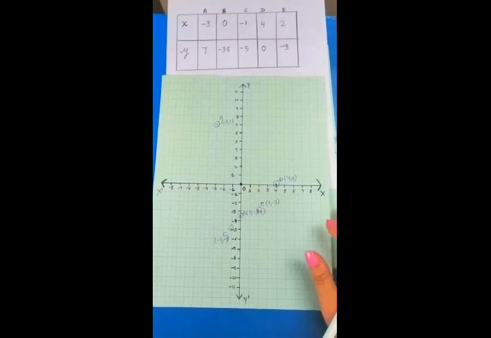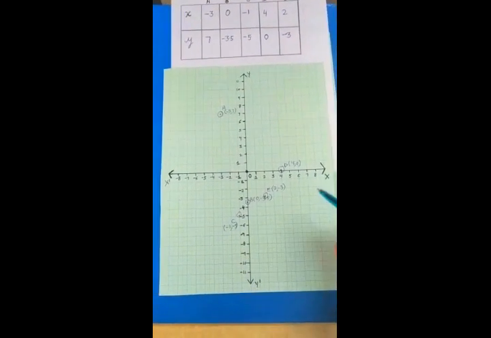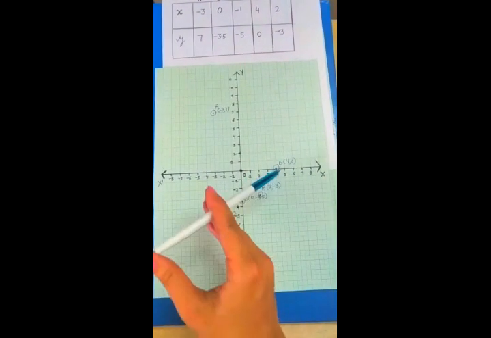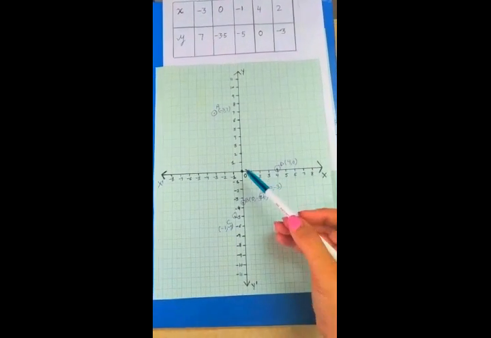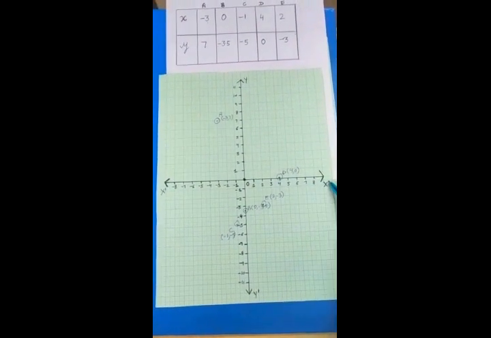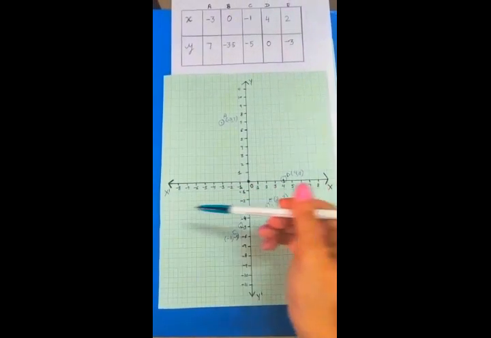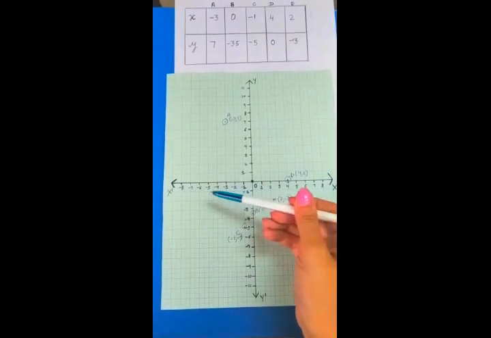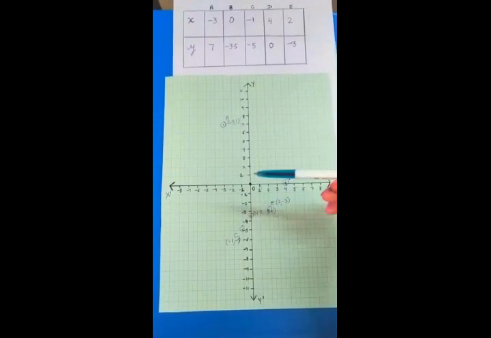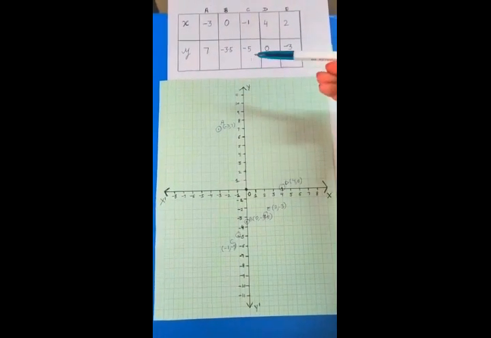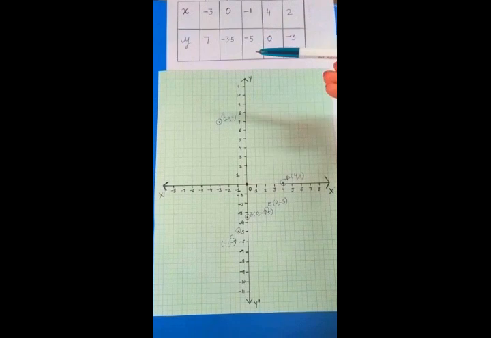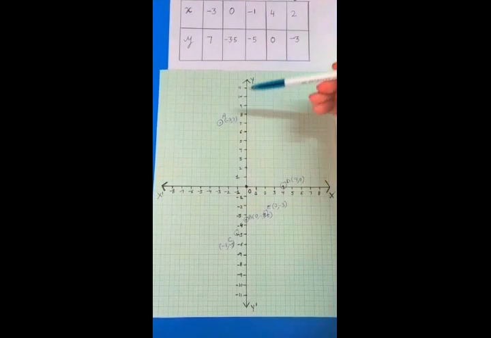One thing you can remember, a tip for you: whenever you are moving in the right direction, you place positive integers. Whenever you are going backwards, that means decreasing order, you place the integers in decreasing order. Whenever you are going upwards, that means it's increasing, so you place the integers in increasing order.